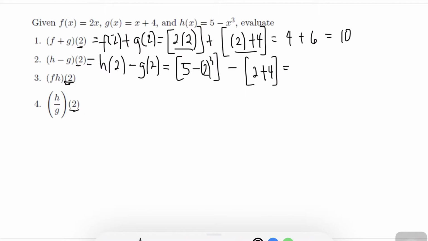So this will become 5 minus 8 minus 6. So we have negative 3 minus 6, negative 9.